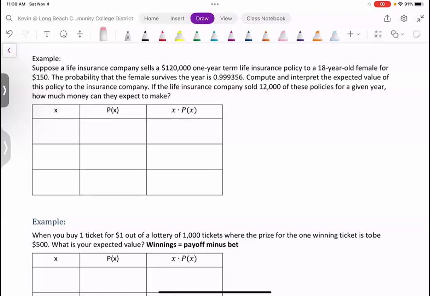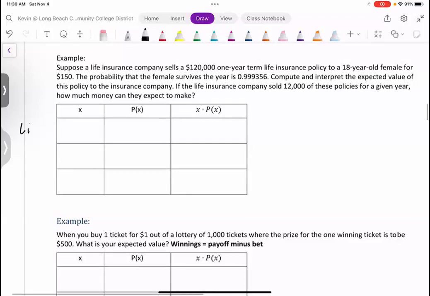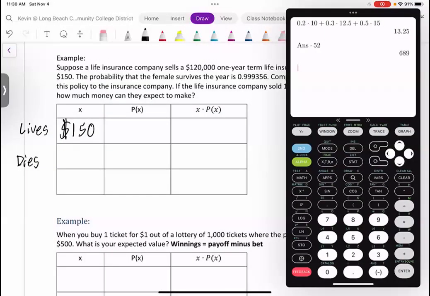All right, we are going to take this from the perspective of we are the insurance company. So if she lives, we get to keep the $150 that she paid us. Now, if she dies, and I want to be clear here, they don't get $120,000.